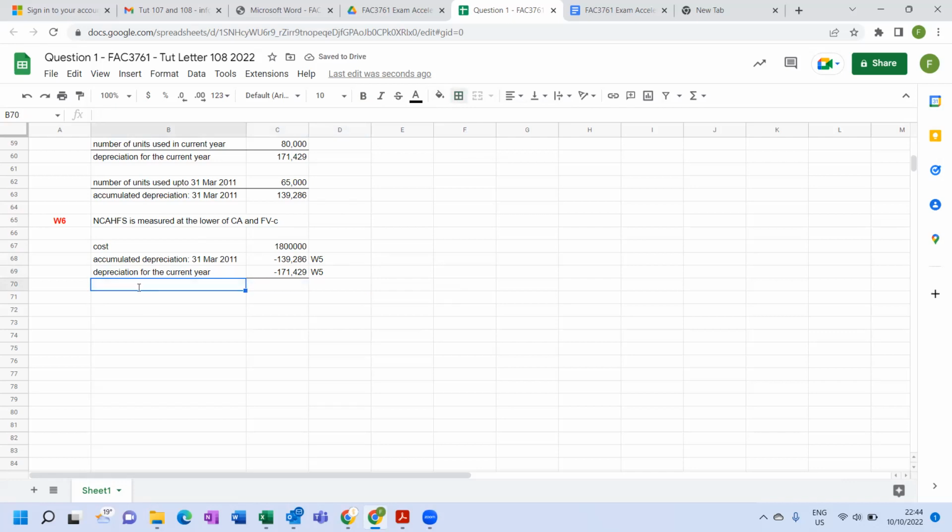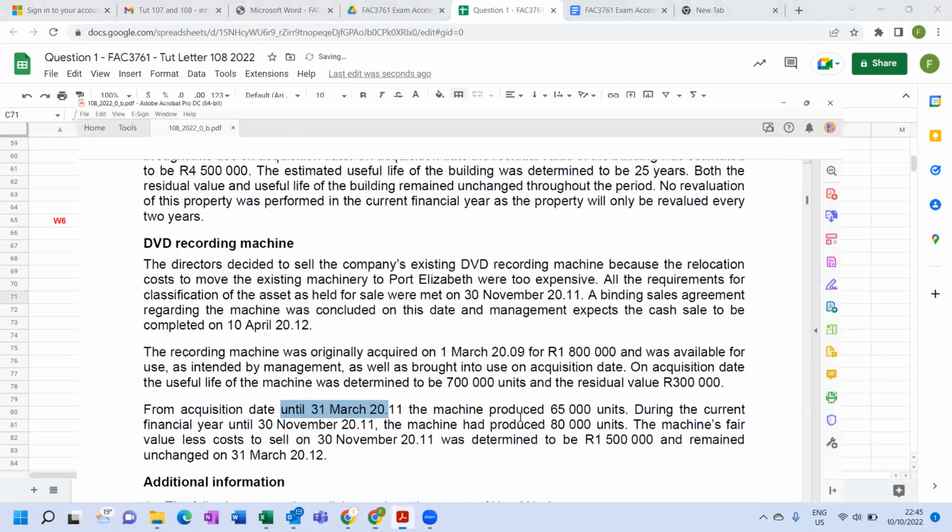So this is carrying amount 30 November 2011. Okay, now we must compare to fair value less cost to sell, which they told us was 1.5 million.